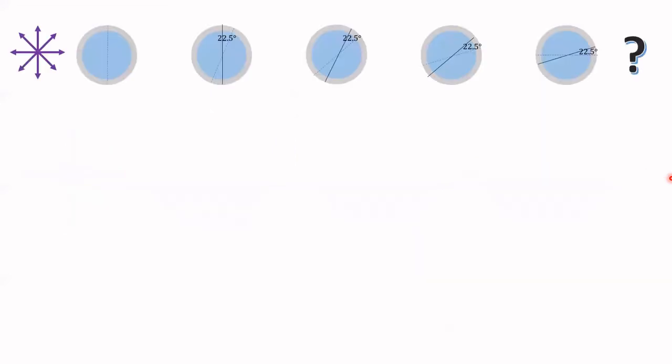Okay, let's stick some more filters in there. Look at this one. No, not this one, this one. After we've passed unpolarized light through this filter, it will now be polarized. So the light coming out here on its way into the second filter is already polarized vertically, let's say.